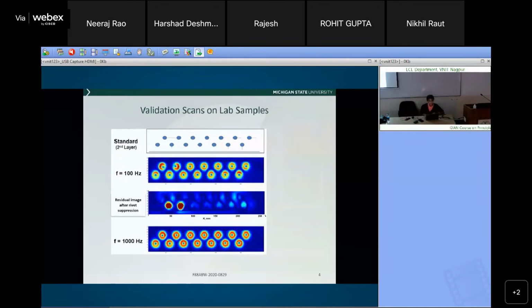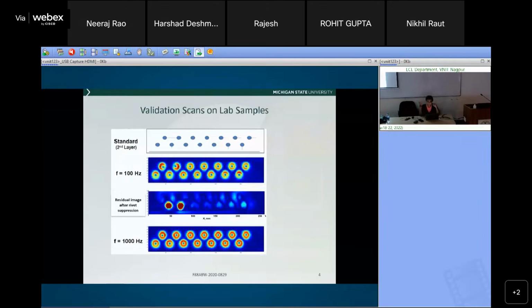This is the signal at 100 hertz. I talked about steel rivets: when you have steel rivets, you get a very strong rivet signal and a very small defect signal. So how did we suppress the rivet signal?